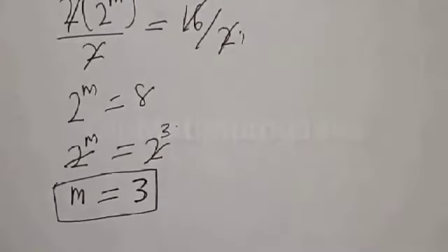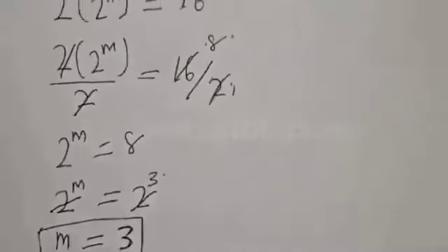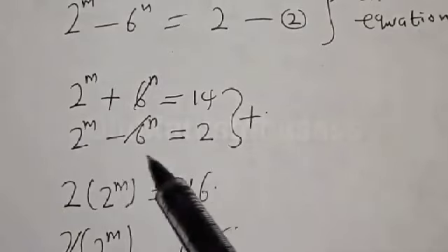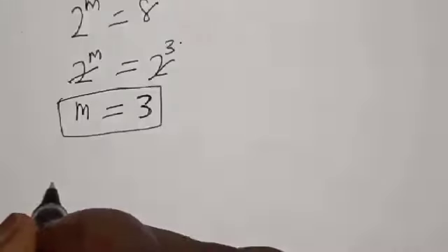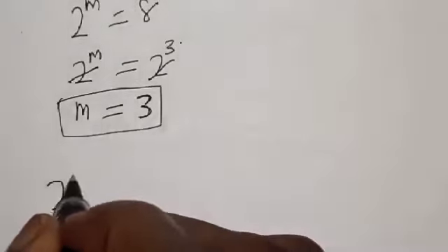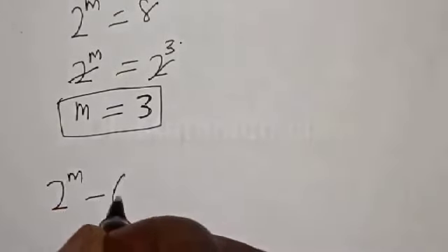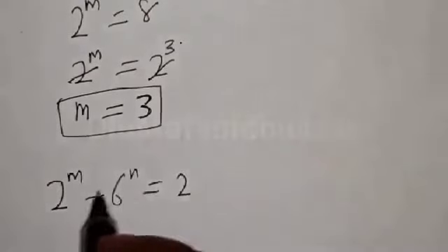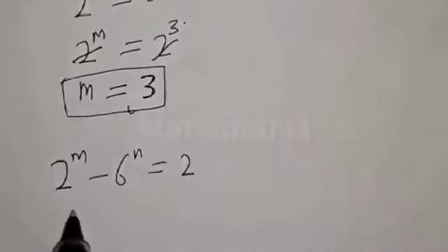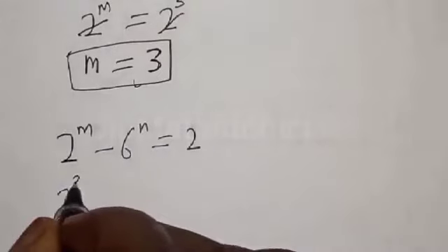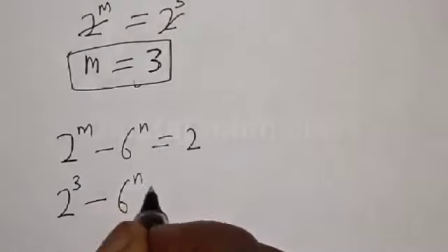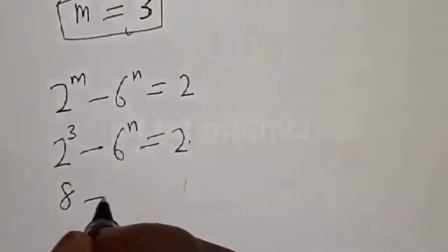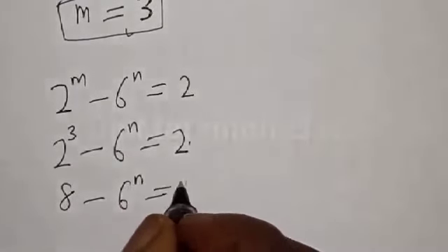Then also, let's substitute for m in either equation 1 or 2. I'm going to pick equation 2 for my own case. 2^m minus 6^n is equal to 2, with m equal to 3. We have 2^3 minus 6^n is equal to 2. Now 2^3 is 8, so 8 minus 6^n is equal to 2.